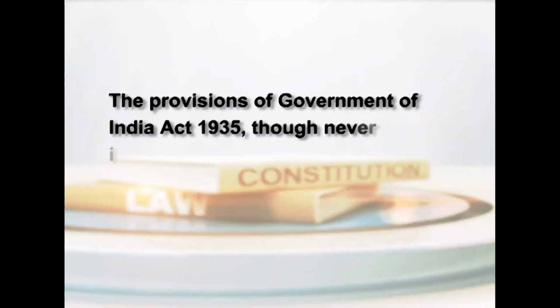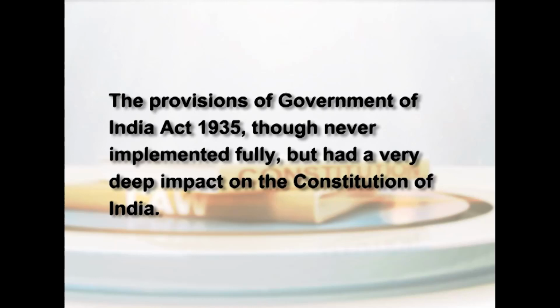In this constitution, also a question we can ask is, to what extent is it a sovereign entity? Because the provisions of the Government of India Act 1935, though never implemented fully, had a very deep impact on the Constitution of India. Many key features were directly taken from this Act.